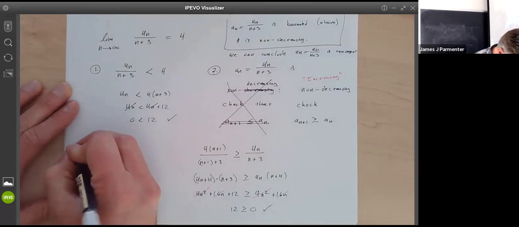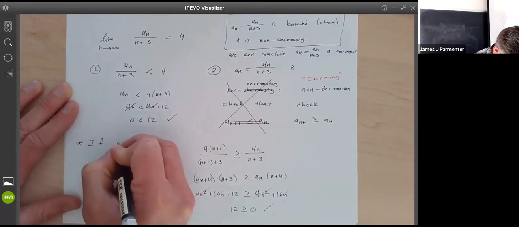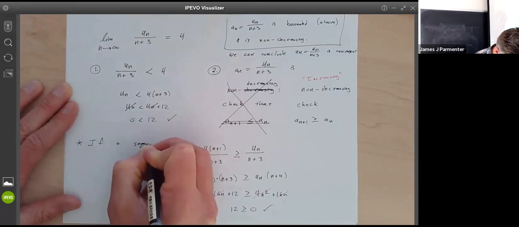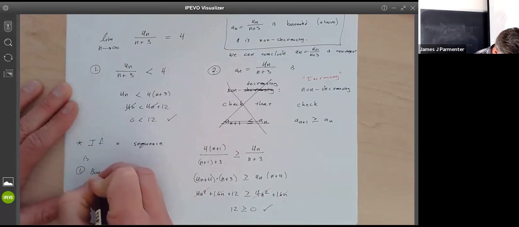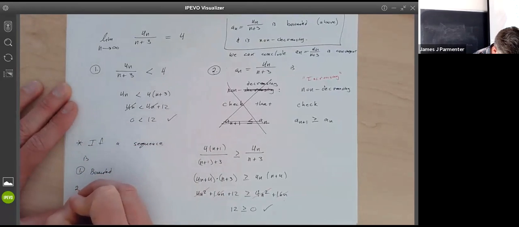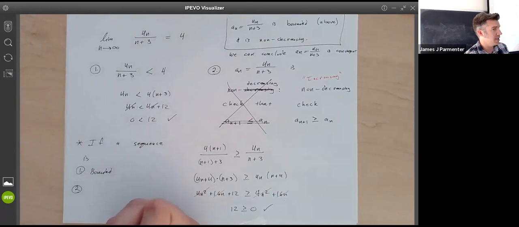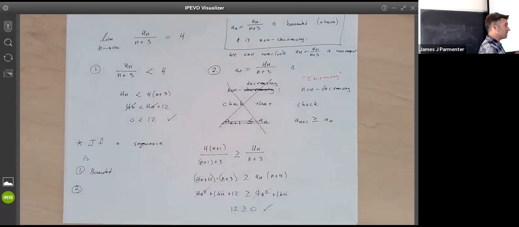That if a sequence is 1, bounded, and 2, monotonic, meaning it's either always non-increasing or always non-decreasing.